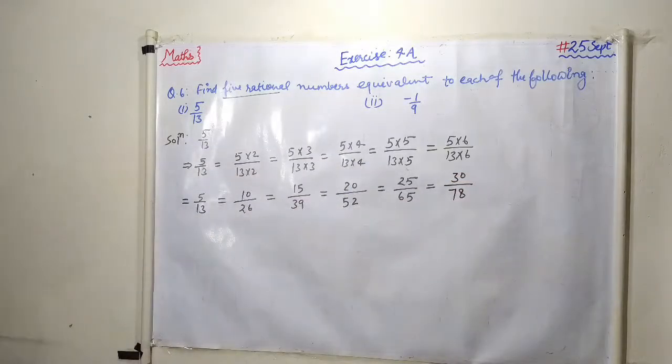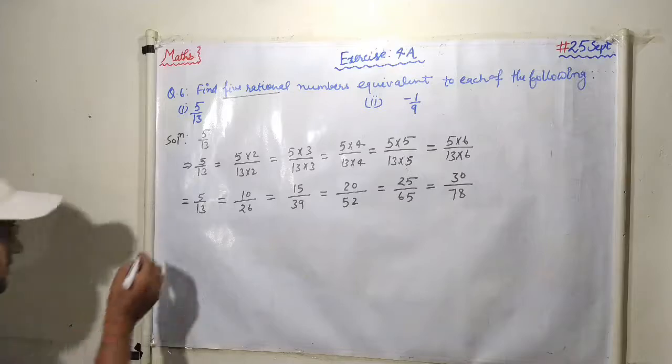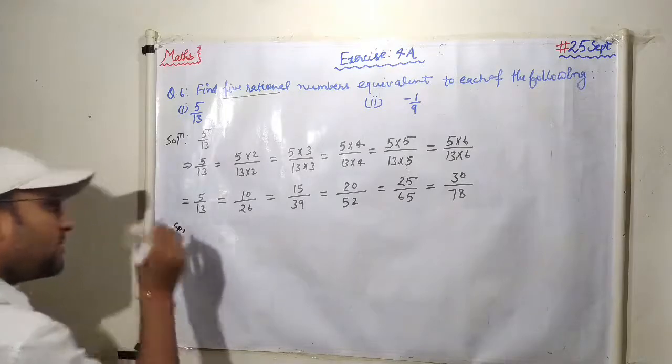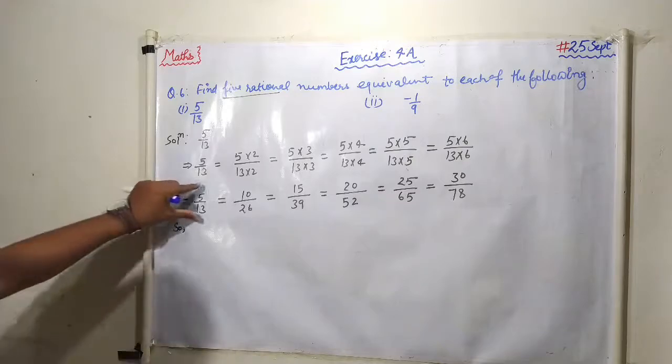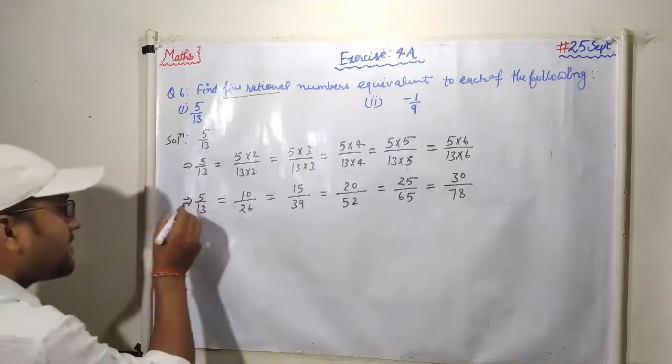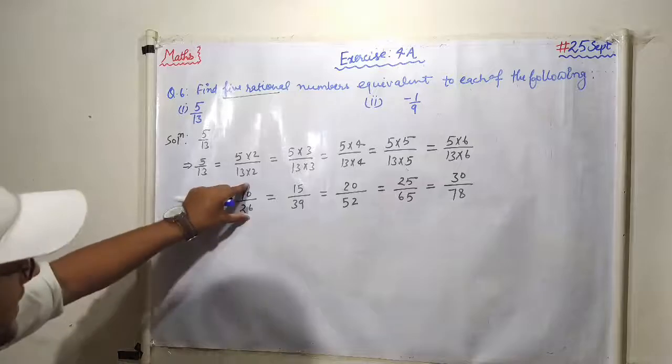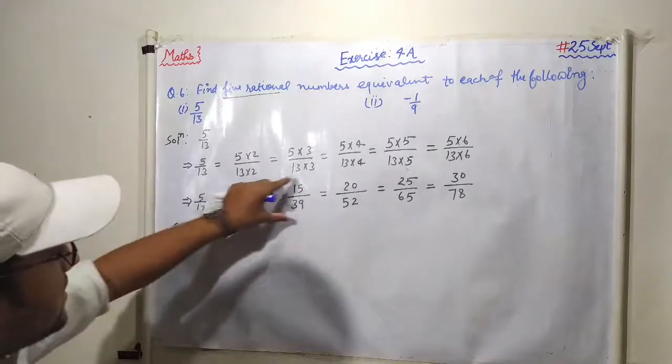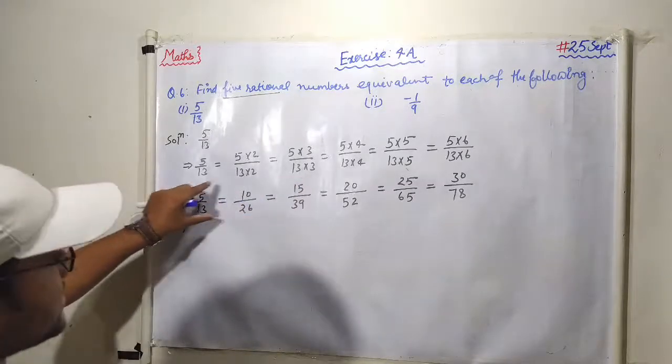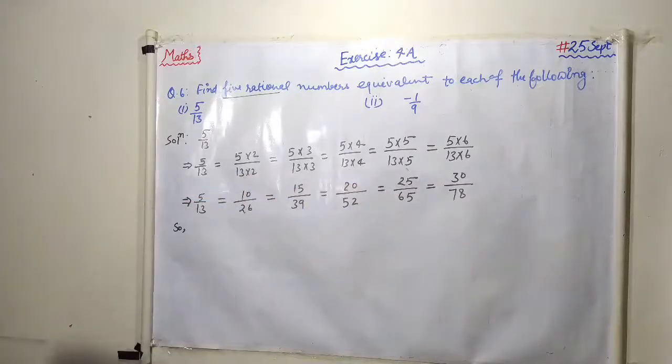Students, 5 upon 13, 10 upon 26 is equal to 15 upon 39 and 20 upon 52, 25 upon 65 is equal to 30 upon 78. So here is the main fraction, okay? 5 upon 13 and 10 upon 26 is equivalent to this one, 15 upon 39 is equivalent to this one, okay?